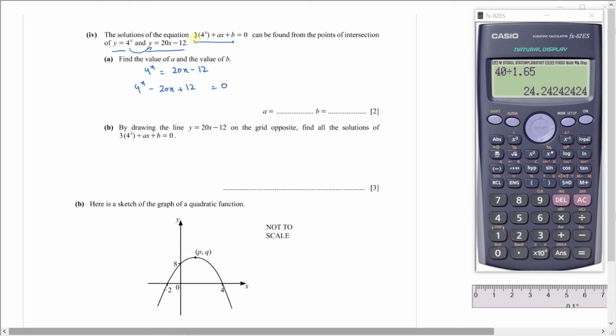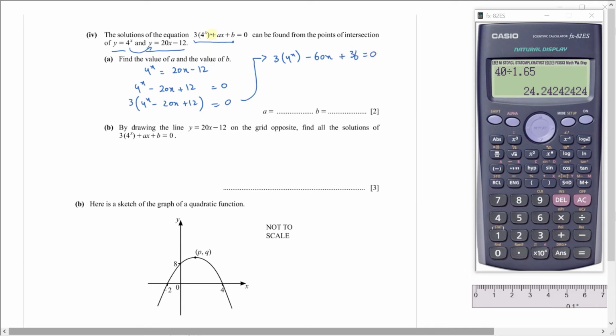Then I have this 3 being multiplied with 4 power x, so I will multiply 3 on both sides of the equation. So 3 into 4 power x minus 20x plus 12, and 3 times 0 will be 0. Now if I open this bracket, I get 3 into 4 power x minus 60x plus 36 equals 0.